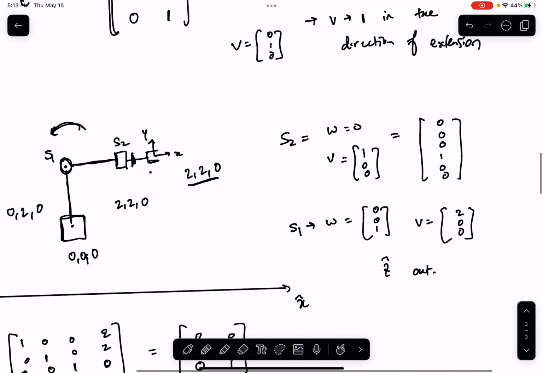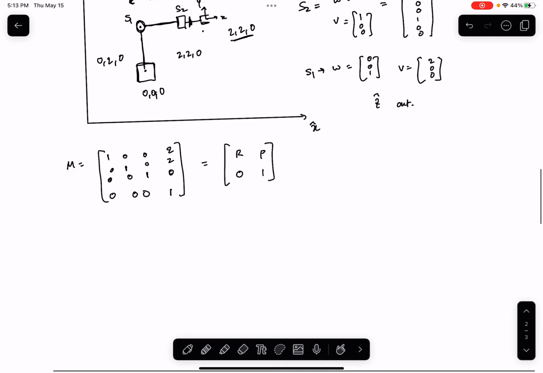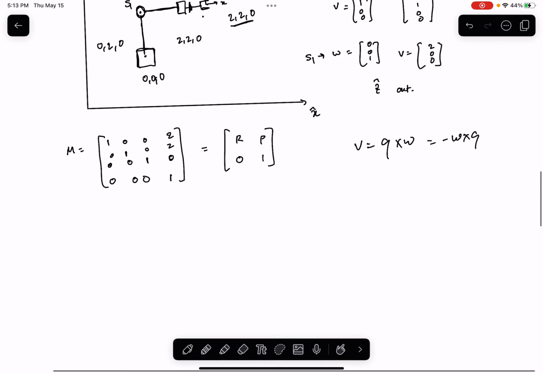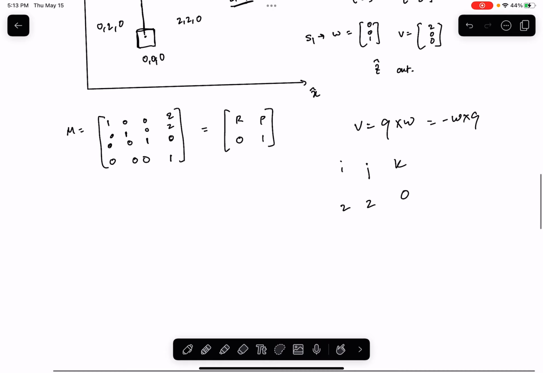Okay, I don't think we calculated that, so let's just go through that. We know v equals q cross omega, which also is just negative omega cross q. And we can do that out, i, j, k. Our q is 2, 2, 0, and our omega is 0, 0, 1. So taking the i, we find that to be 2 i, which is just this determinant.